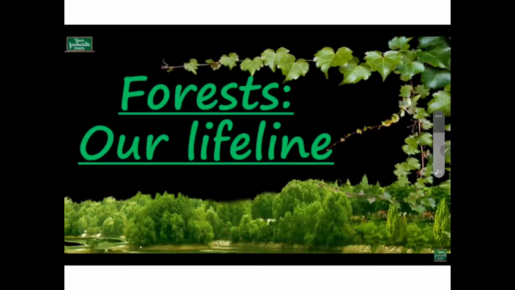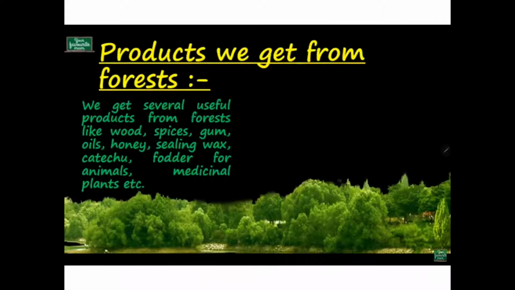We talked about the introduction. Now we will talk about the various trees we discussed, which are in the forest. Now we will talk about the products which we get from these trees, from these forests.